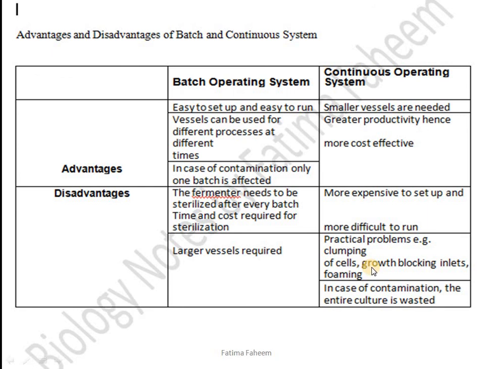The growth of microorganisms such as fungus may block the inlets or may start to form foaming structures which may cause problems. In case of contamination in a continuous operating system, it gets very hard to detect exactly where the error occurred, and the entire culture has to be wasted if the contamination comes.